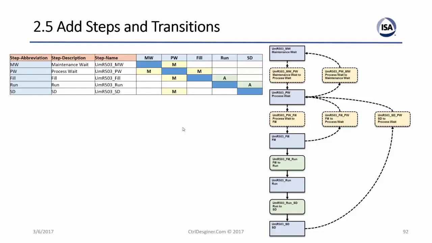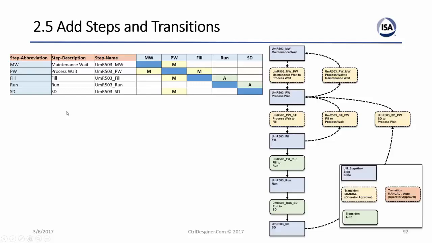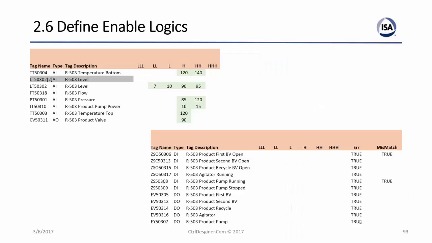The step definitions, again, we have a 4 hours discussion about that in the course, how to define steps and transitions. Therefore, here, what we have is steps are blue, manual transitions are yellow, transition manual auto are orange, and these are automatic. And we discussed these in detail before.